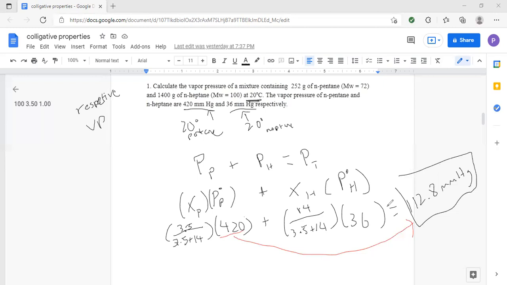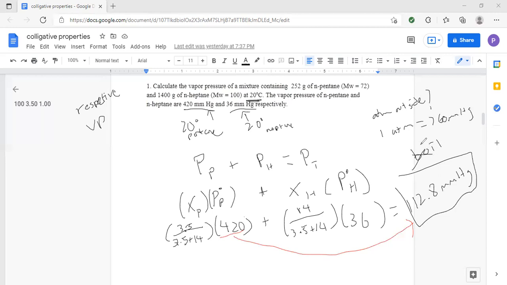And if this, it didn't talk about what the atmospheric pressure outside is, but 1 atm standard is also equal to 760 mmHg. So this would not boil.